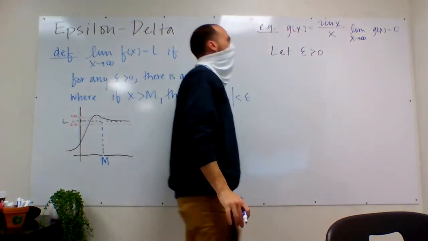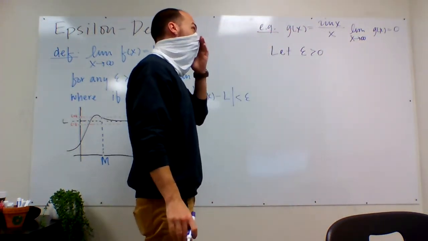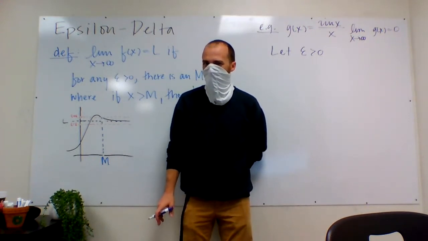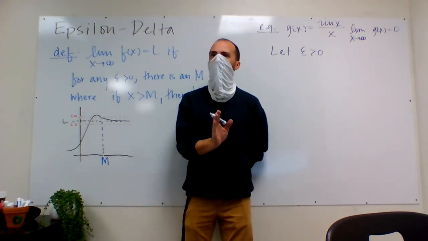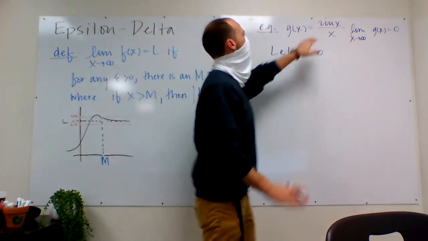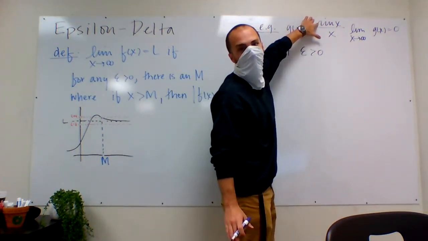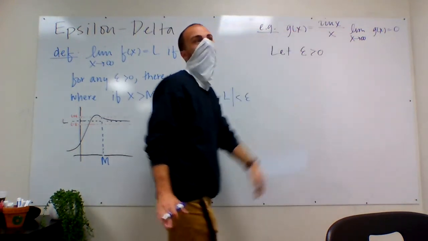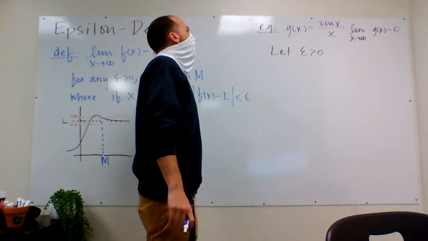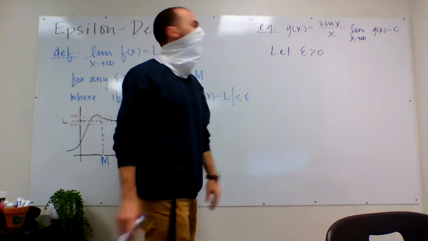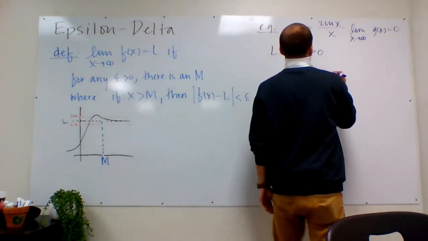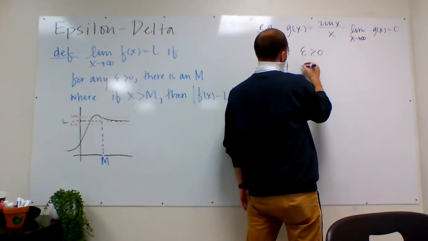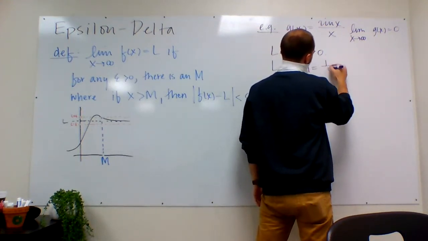I'm hoping to show that if m is equal to 1 over epsilon, and I'll tell you the reason is because this function is less than 1 over x, at least in absolute value. So let m equal 1 over epsilon.